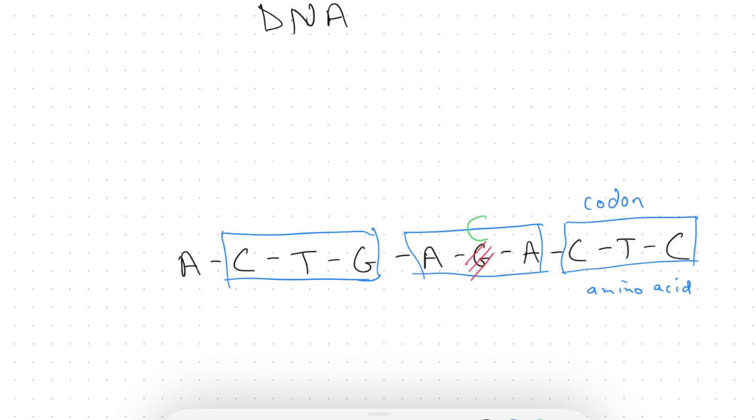And when a mutation happens, really one of 3 things will happen. Most of the time, it doesn't make enough difference to the resulting protein that it acts any differently, and it just does its job, whatever it's supposed to do. So a lot of times that's what happens. Sometimes the protein molecule will not do what it's supposed to do.